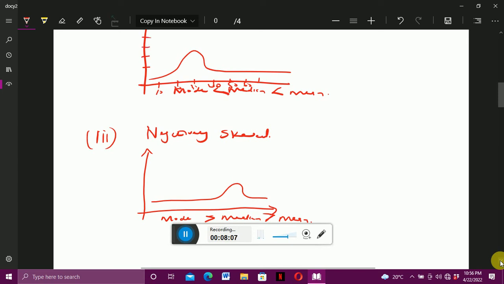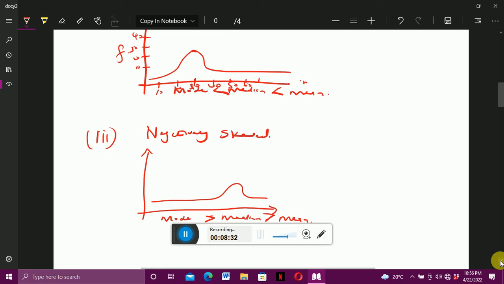The number of the students, which is the frequency, these are the marks on this side. Here we have, say, 10, 20, 30, 40. So you'll see that the peak is at 30 marks. So most students have 30 marks.